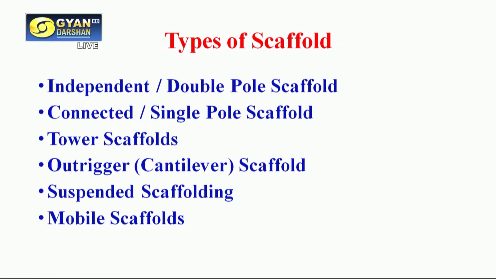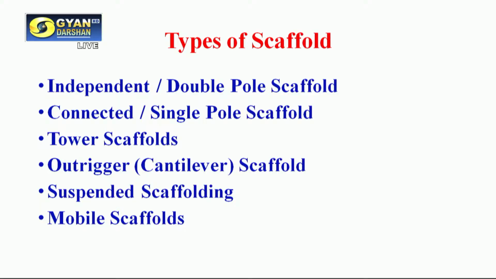You can get this idea from the names. Double pole means there are two lines of uprights. Single pole means there is a single line of uprights. Then another type is tower scaffold.